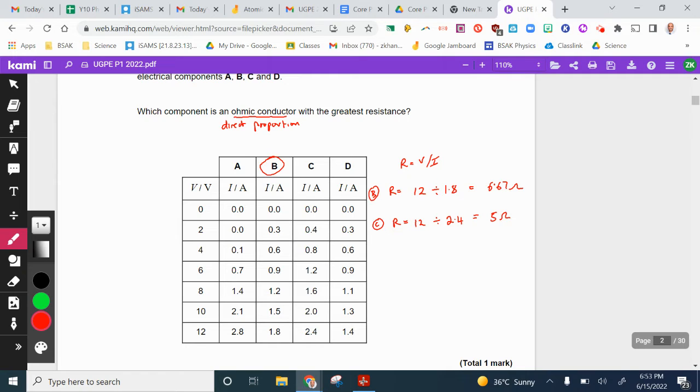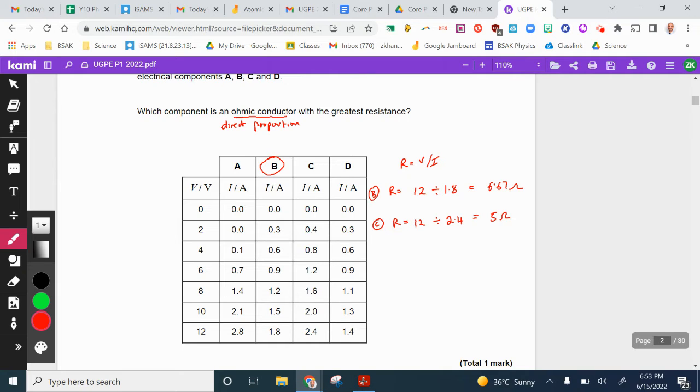So there, it's jumping in equal portions from 0 volts to 12 volts. And C also does that as well. So 0.0 to 0.4, that's a jump of 0.4, and that's the same jump each time.